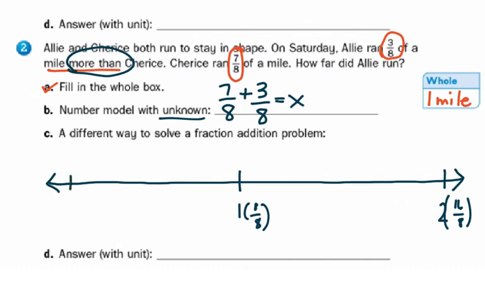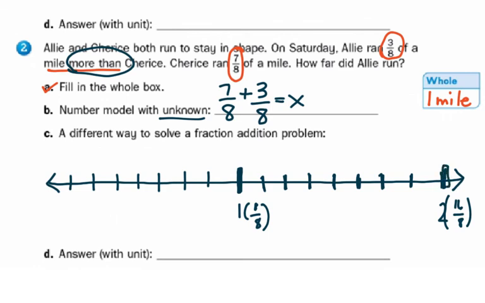So 1/8, 2/8, 3/8, 4/8, 5/8, 6/8, 7/8, and 8/8 equals the whole mile. Make that one a little thicker. Then 1 1/8, 1 2/8, 1 3/8, 1 4/8, 1 5/8, 1 6/8, 1 7/8, and 1 8/8, which is equal to 2.